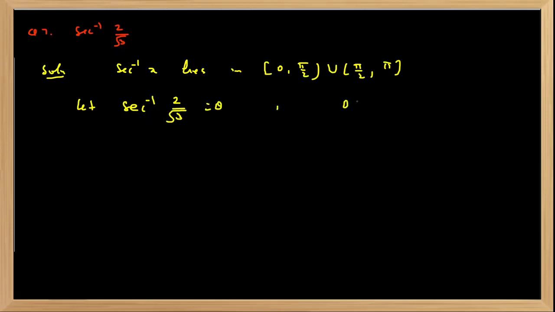Where theta is 0 less than or equal to theta less than or equal to pi, but theta is not equal to π/2. So this implies sec theta is 2/√3, cos theta will be √3/2, so theta will be π/6 because it is in the first quadrant.